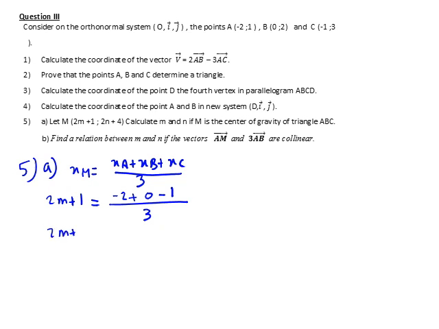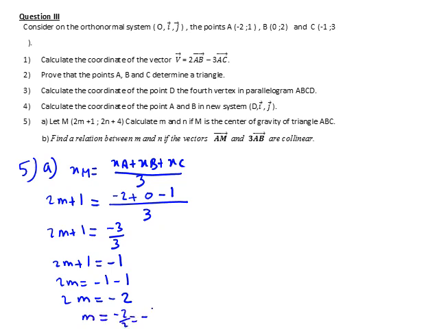So 2M plus 1 equals minus 3 over 3. 2M plus 1 equals minus 1. 2M equals minus 1 minus 1. 2M equals minus 2. So M equals minus 2 over 2, equals minus 1.